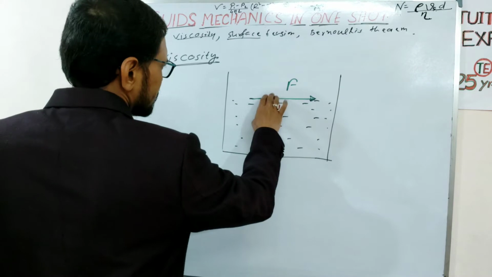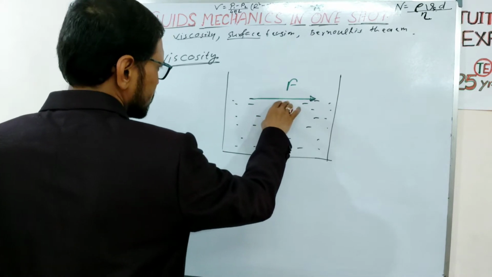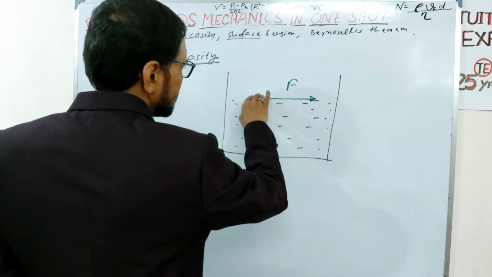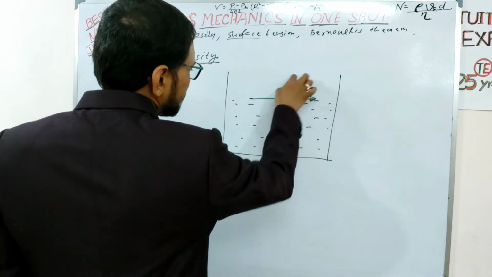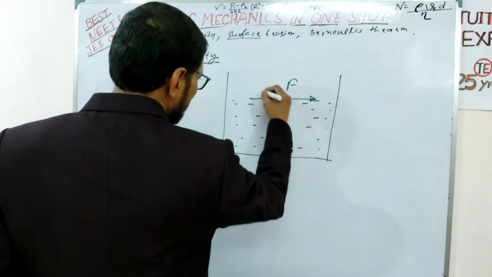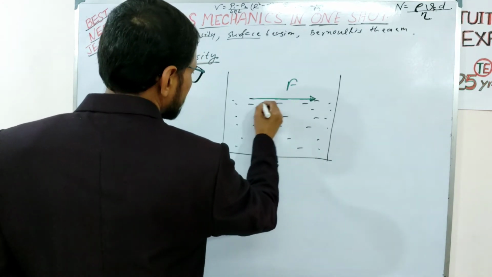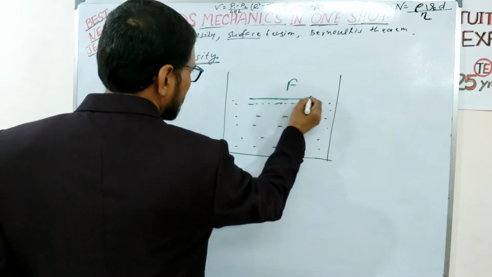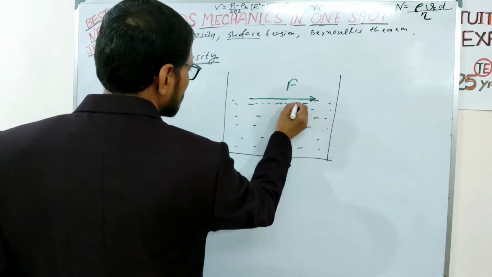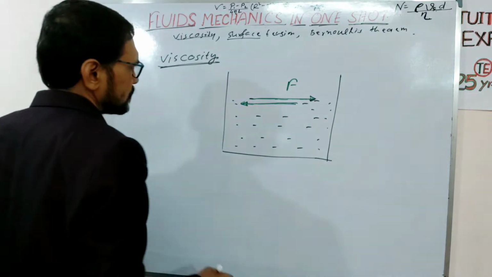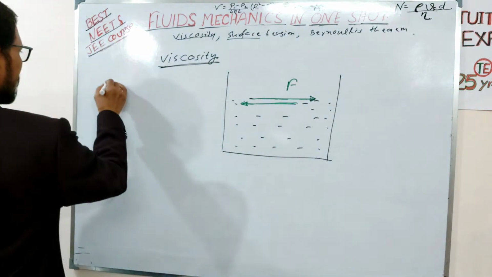First the upper surface of the liquid tries to move under the external force, and the layer below that surface tries to oppose the motion of the liquid layer, so the friction force by the liquid is called viscosity.